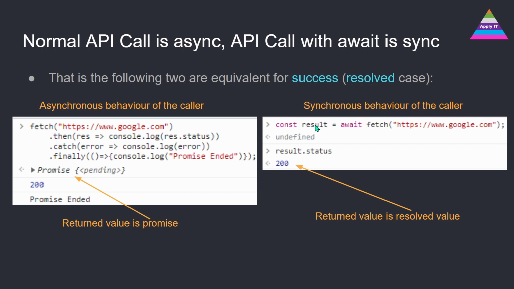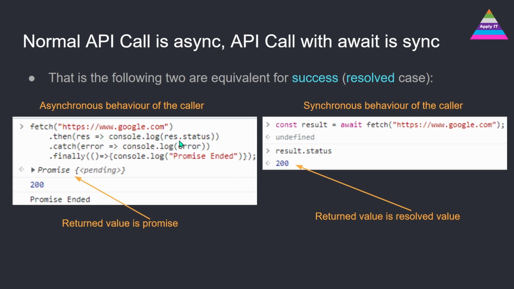This statement will get blocked, and after some time when this promise gets settled, we will get the result of that. Whereas in this case, this will be executed and it will return a promise, and after some time the promise will get settled and this result will be displayed, which we have displayed here using console.log.